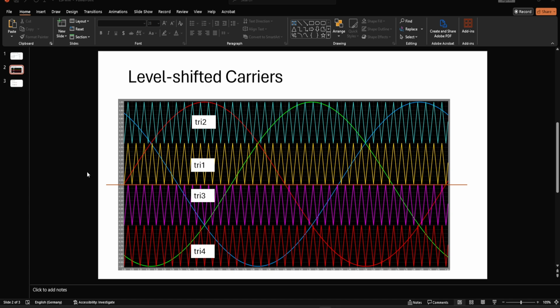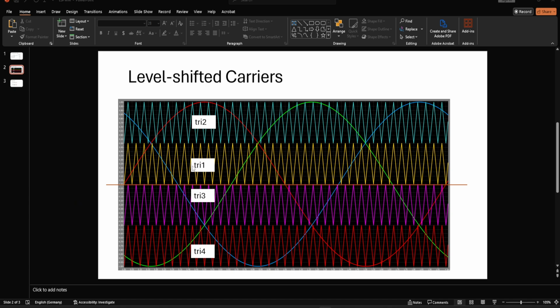And for the second bridge, we need to consider the uppermost and the lowermost carrier waves for this particular case. If we have, for example, more than 4, like 6 carrier waves, in that case we need to continue in a similar fashion. That means if we had one on the top and one on the bottom, then we need to choose the topmost and the bottommost carriers for bridge 3, if we had.